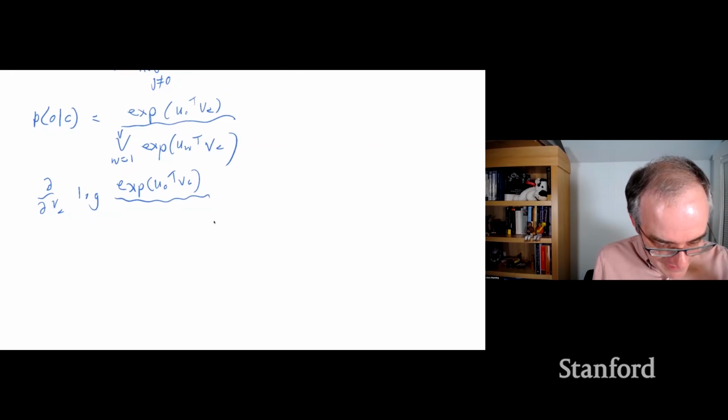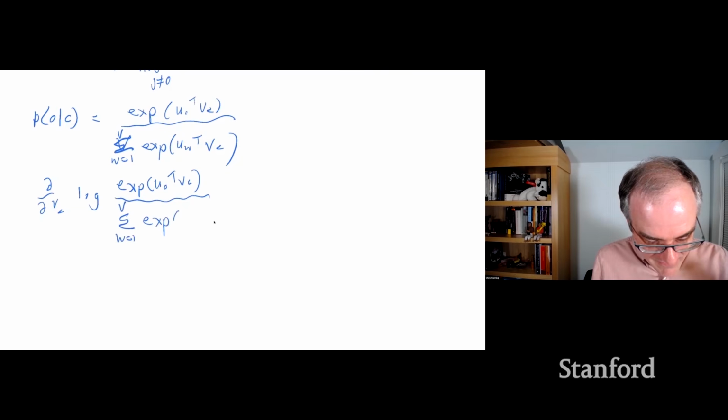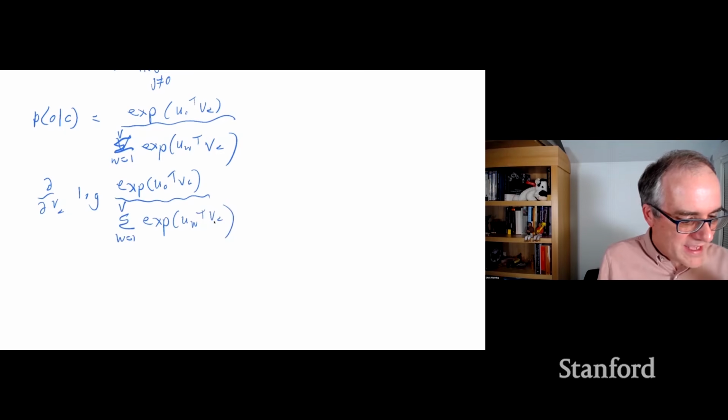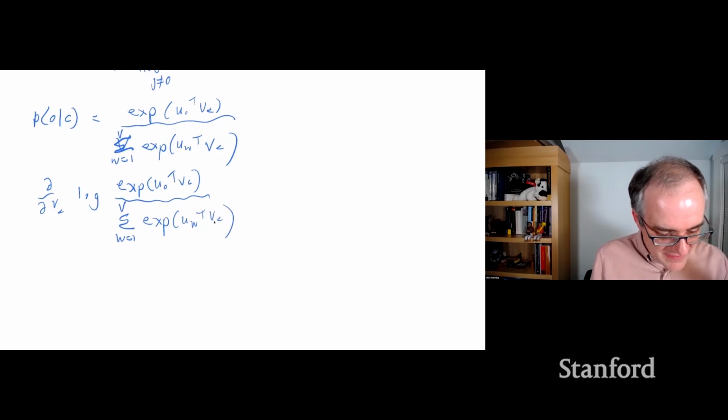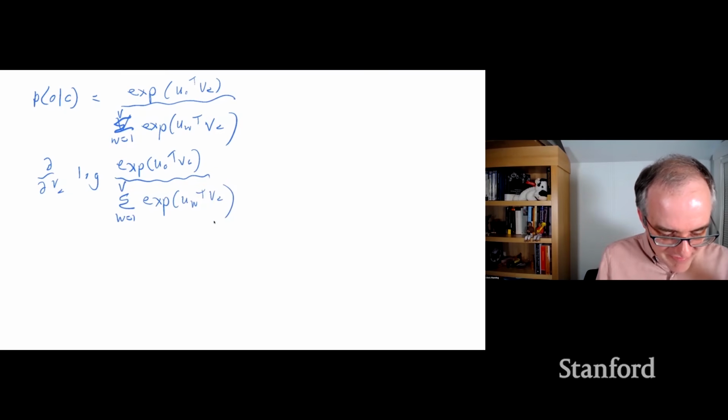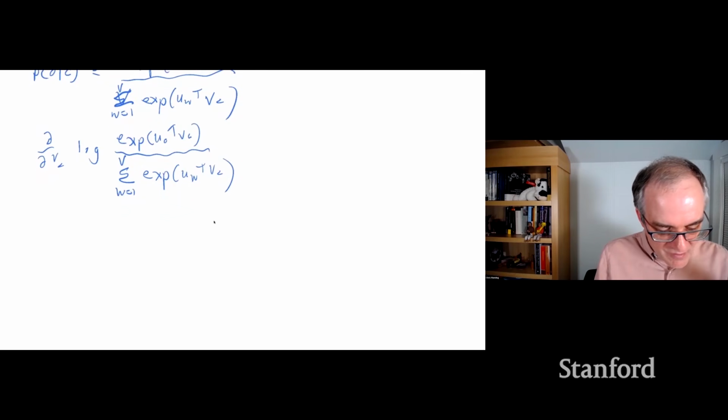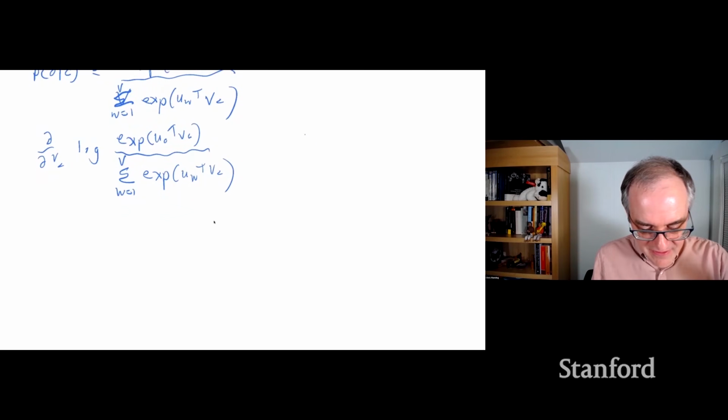I've already made a mistake, haven't I? Okay. Well, at this point, things start off pretty easy. So what we have here is something that's log of a over b. So that's easy. We can turn this into log a minus log b.